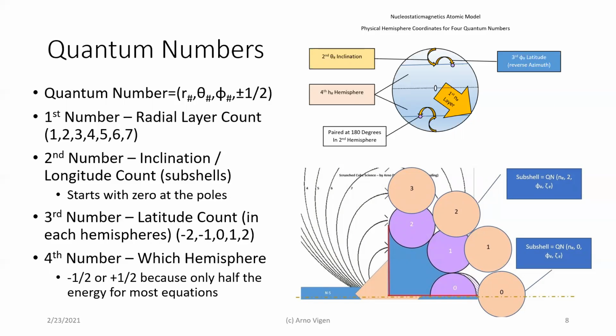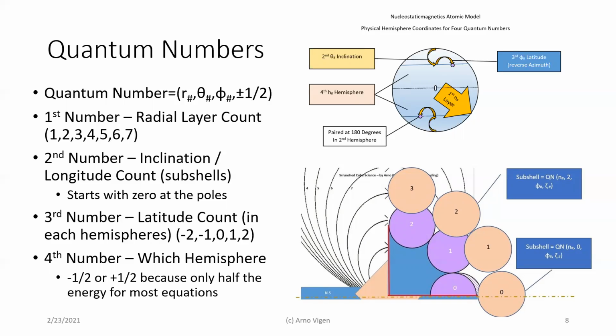Now that gives you the geometry in the equator view in the bottom right. So the electron subshells at the poles are numbered, quantized, first, and this is the second quantum number, 0, 1, 2, 3. And they're further away from the poles and thereby get bigger.